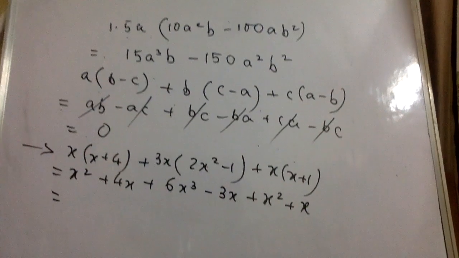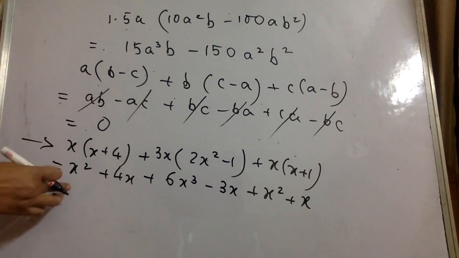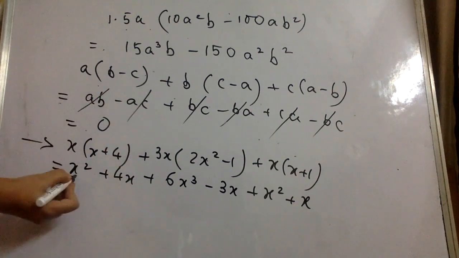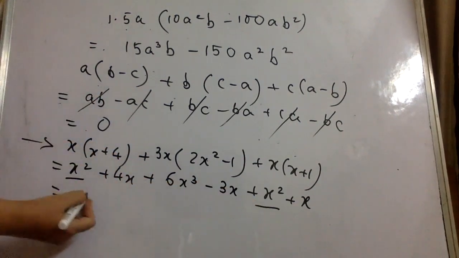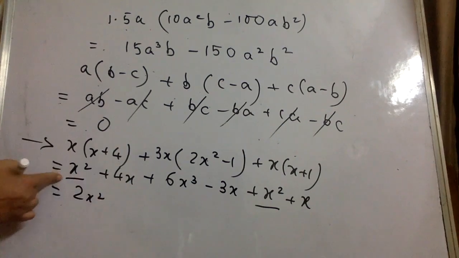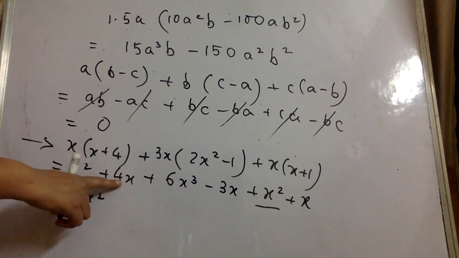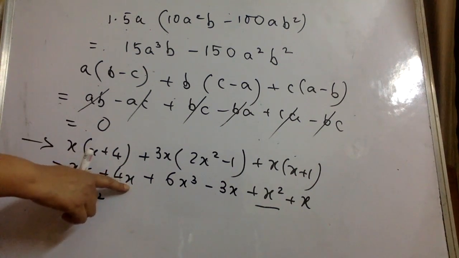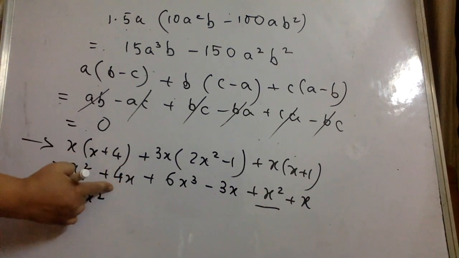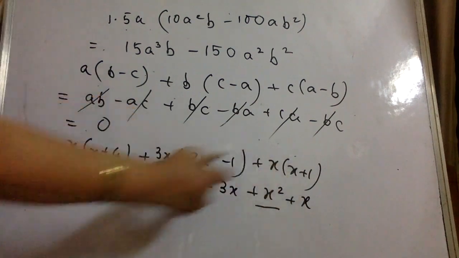Now what do we do? We have to further look for like terms. I can see 1 and 2, these are like terms. It's one apple and another apple, 2 apples. Now it is 4 oranges, isn't it? 4x and minus 3x and plus another x.